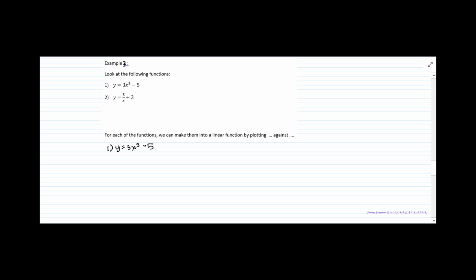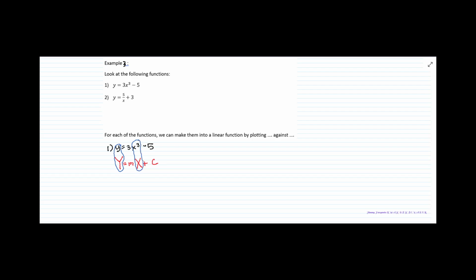You have to make this original equation into y equals mx plus c. As you can see, the expression is exactly the same, except for this one and this one.